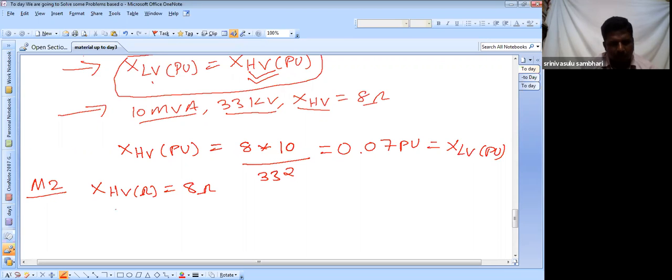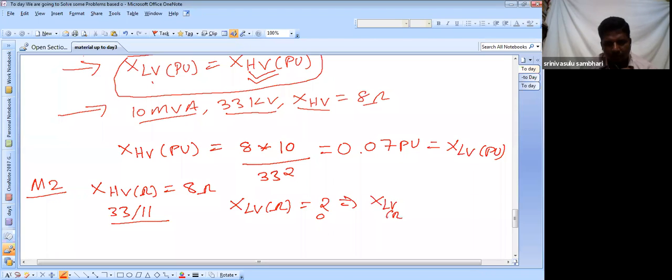Now for the 33 by 11 kV voltage rating, what is the XLV in ohms you have to find first? XHV is 8 ohms. What is the XLV in ohms? Simply I will tell you one shortcut.